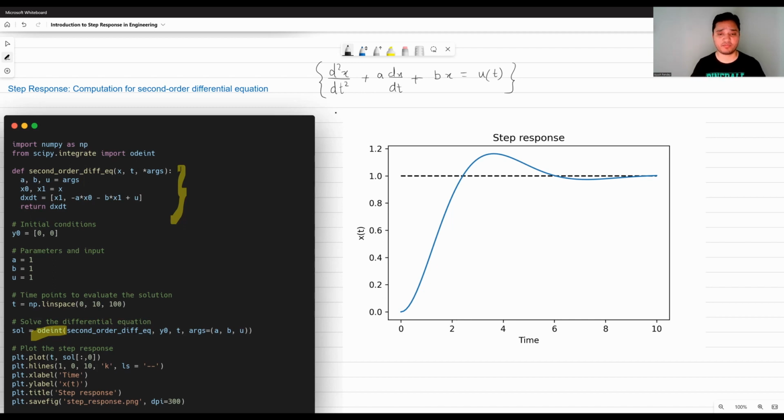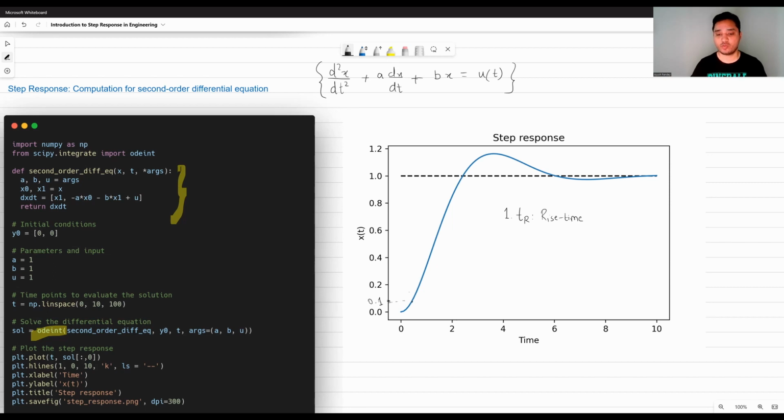Something that comes to the top of my head is that it should be a fast response. And the metric that measures that is called the rise time. Rise time can be defined in many different ways. One way to define it could be the time that it takes to go from, let's say, 10%, that is 0.1, of the step value.